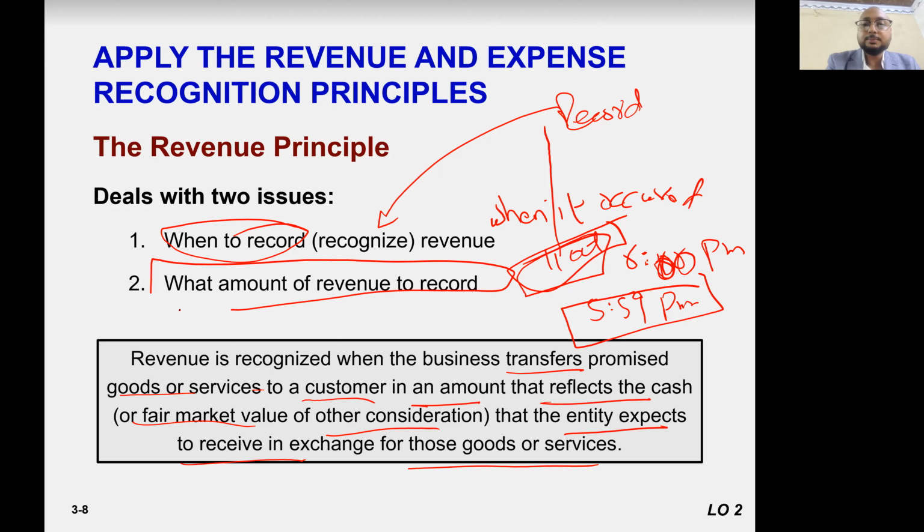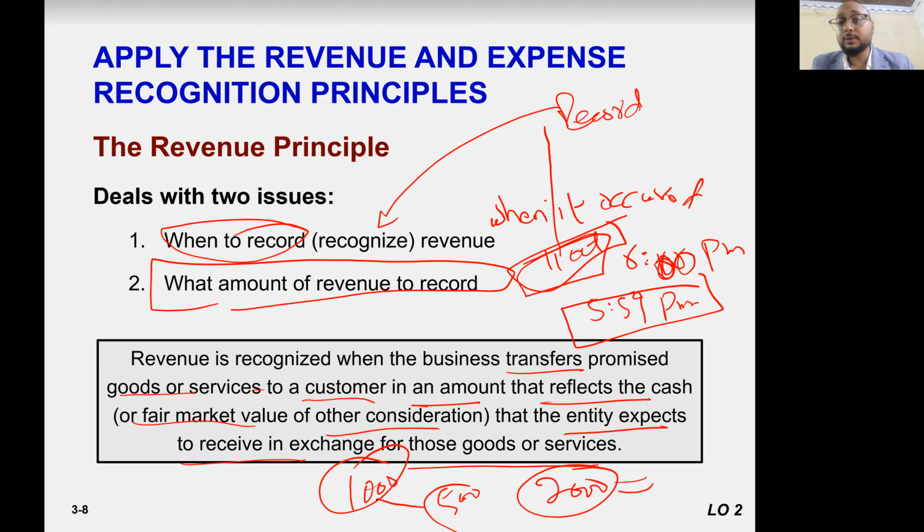What amount? It doesn't mean that, okay, this is your wife's company, so you want to give her a credit, or your girlfriend's company, or your brother's company, or your friend's company. The goods are worth 1,000, but you are the CEO of this company, so you give him or her or your friends $2,000. No, fair market value. What if you have purchased this from others, or you have sold to others at a fair market value of 1,000, or you are selling to your friend's company for 500?